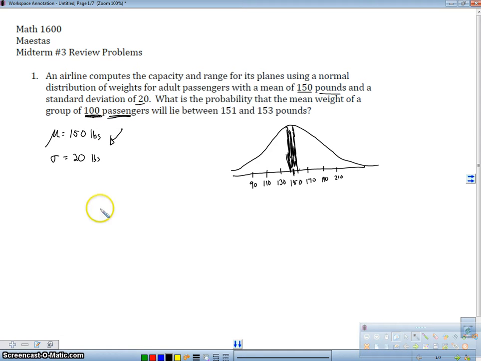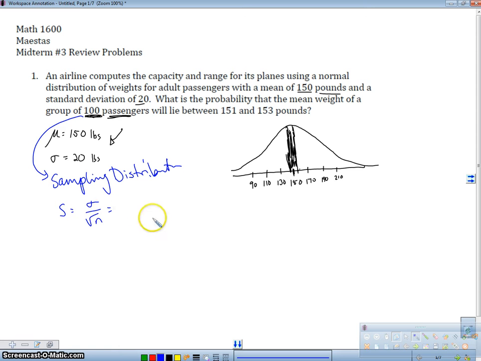So really, I want to draw a sampling distribution. And in a sampling distribution, I need to make sure that I know that my standard deviation is going to be sigma over the square root of n.